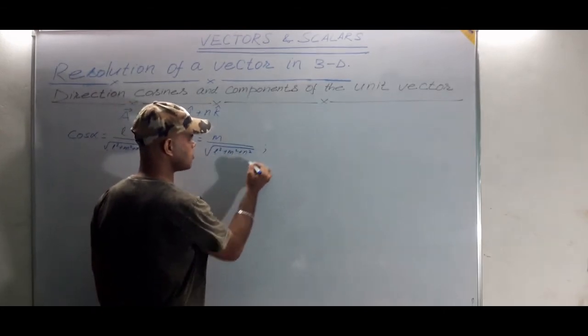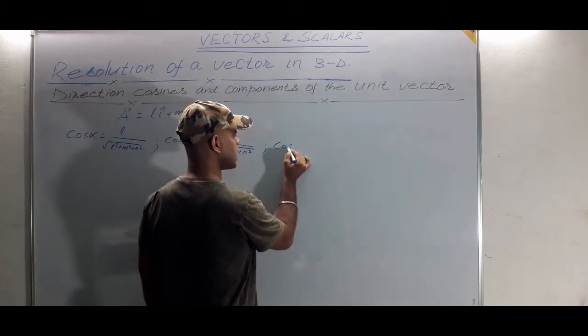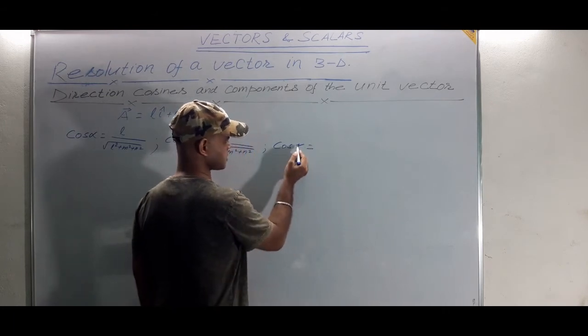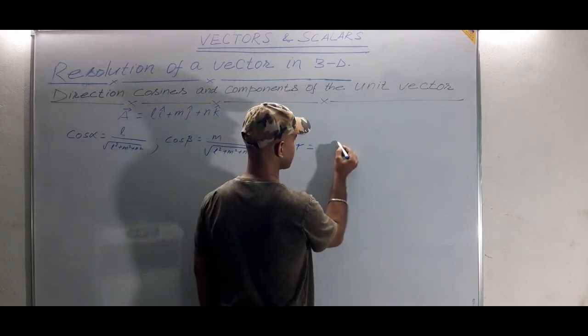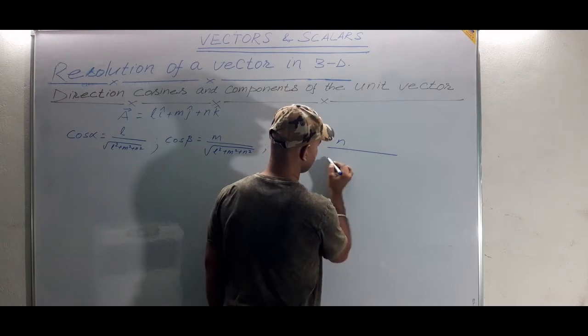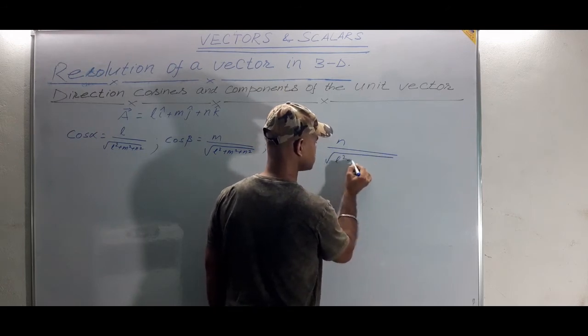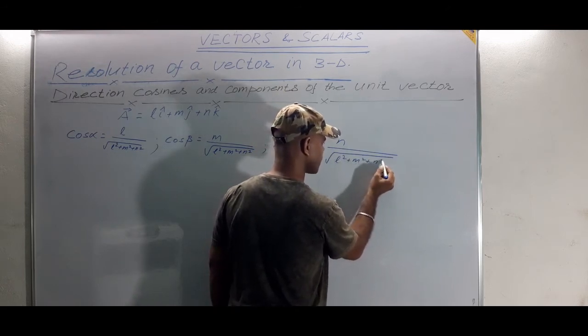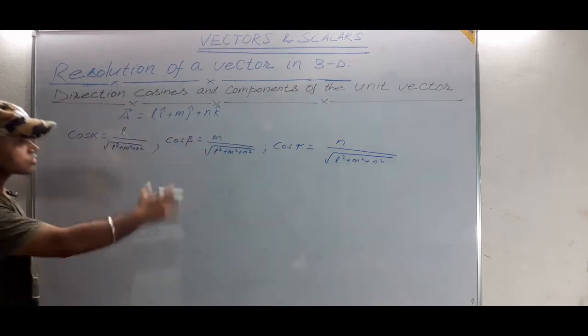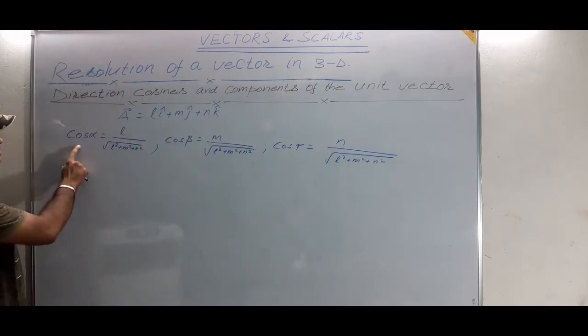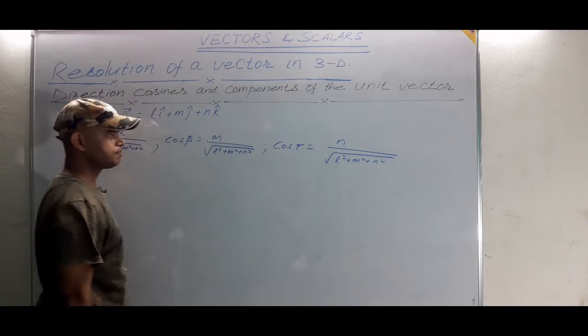This you already know now. Cos of gamma with respect to z-axis angle, so z component, that is N here, upon its magnitude, root of L square plus M square plus N square, right? So this set is called direction cosines, cos alpha, cos beta, cos gamma.